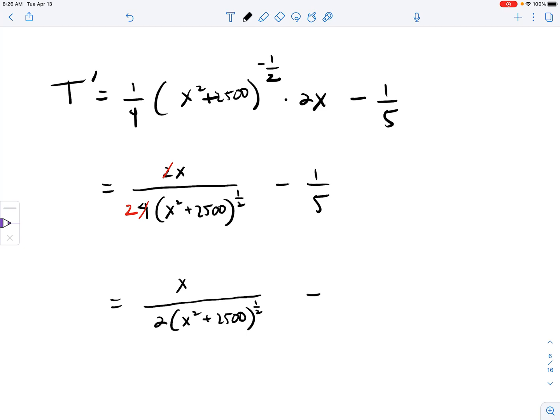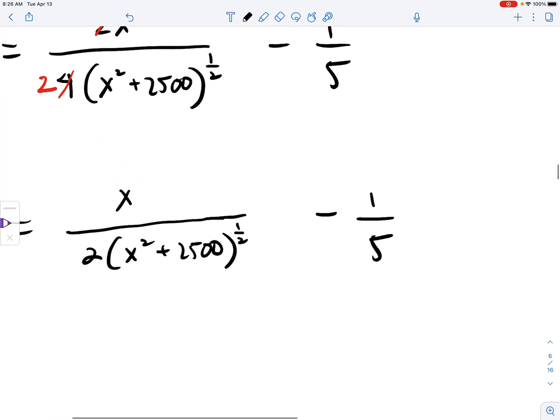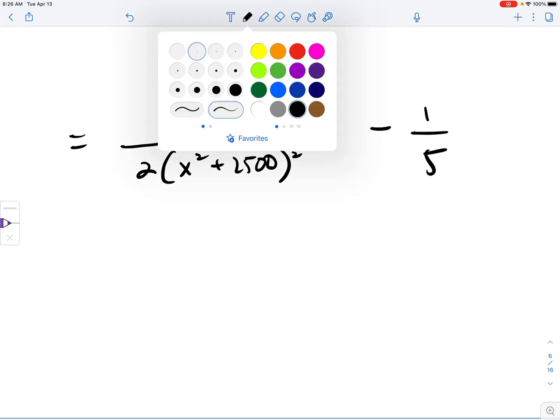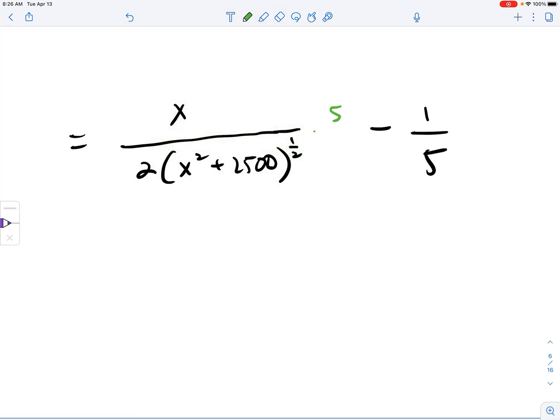I'm going to leave a little bit of space because we're going to be trying to get a common denominator. Because right now we have a difference of two fractions and in order to find our critical values, we want to rewrite this as a single fraction. So I'm thinking about how I can get a common denominator. Well, for the first fraction, I could think about multiplying by 5 over 5, right, to get the factor of 5 in the denominator.